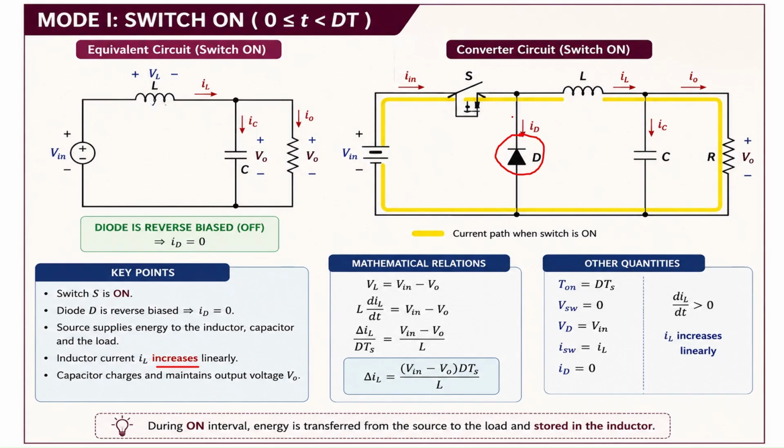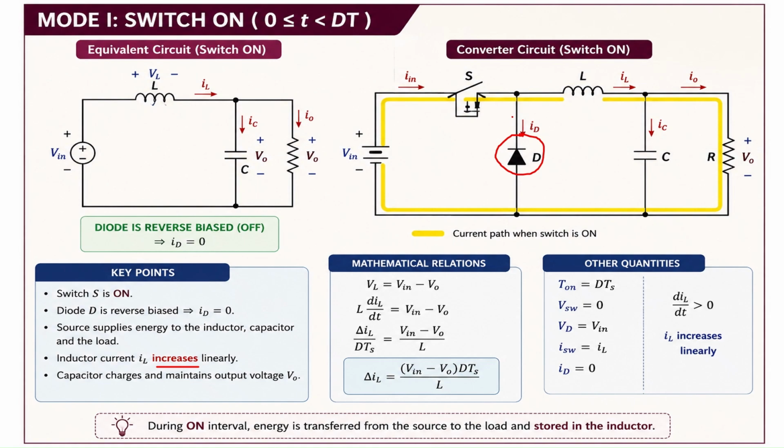So if we rewrite dIL as delta IL, and dt is the small time interval from 0 to dT, instead of this dt we can write duty ratio D into total time period Ts, the duration of this interval.